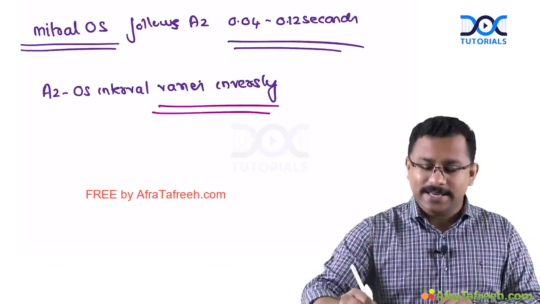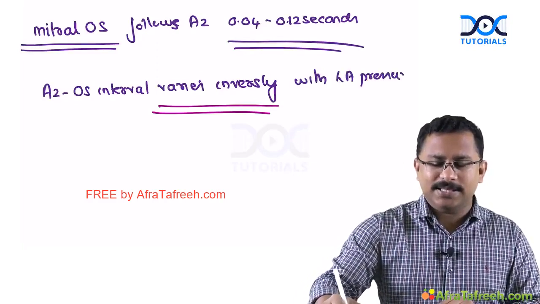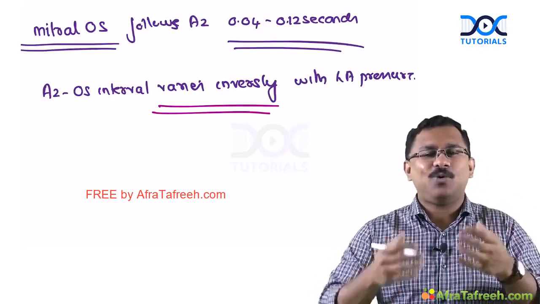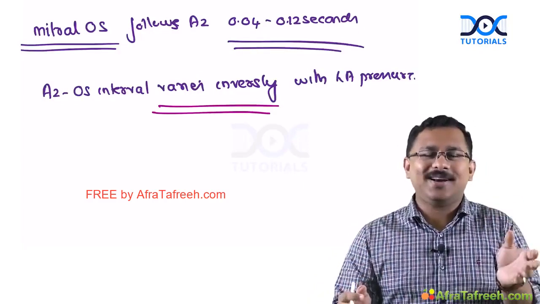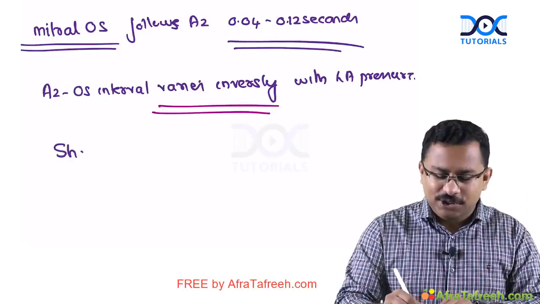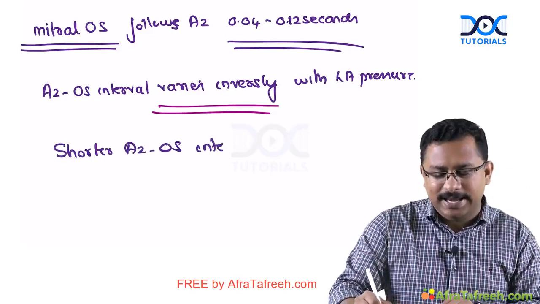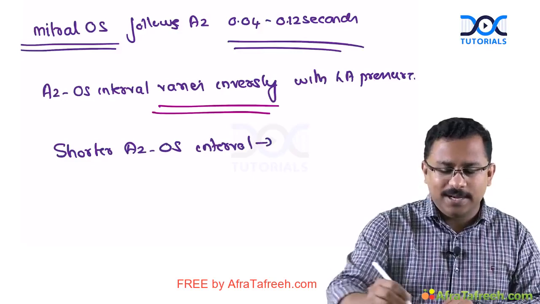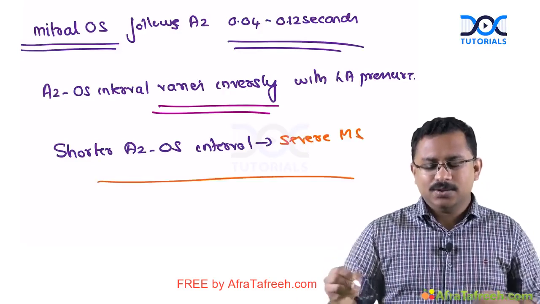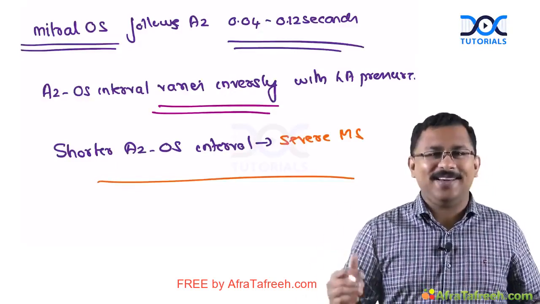So you tell me which will have a more severe MS, a shorter A2-OS interval or a longer A2-OS interval? A shorter A2-OS interval is suggestive of more severe MS.